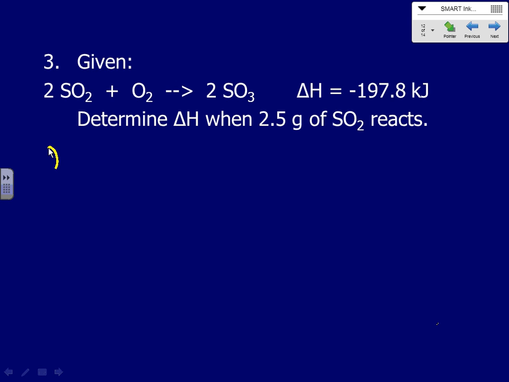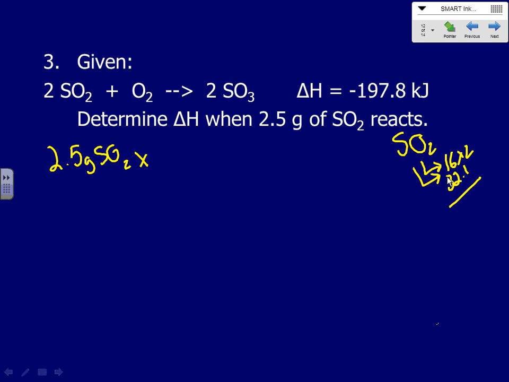So how am I going to go from 2.5 grams of SO2 to moles of SO2? Well, I need a conversion factor. SO2, 16 times 2. S. I need to check. Sulfur, 32.1. So 32 plus 32.1, 64.1 grams per mole.